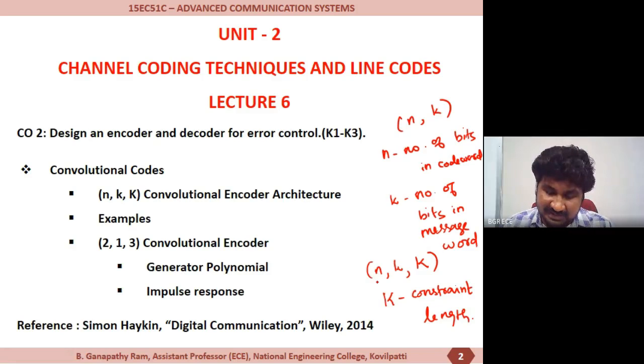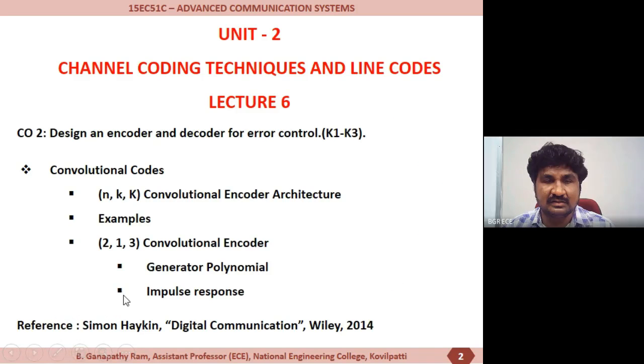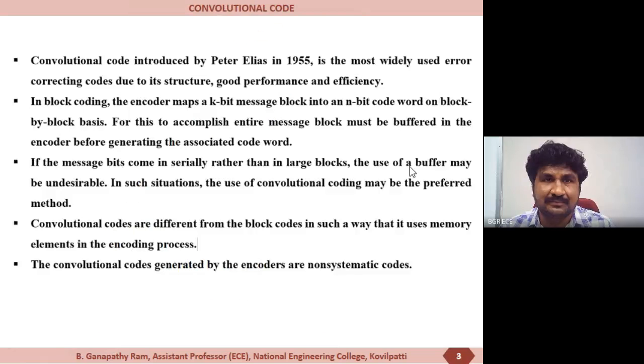And the remaining small n and small k determine the number of bits in the code word as well as in the message word correspondingly. By this way, we are going to determine the encoding process of (n, k) convolutional encoder in this session.